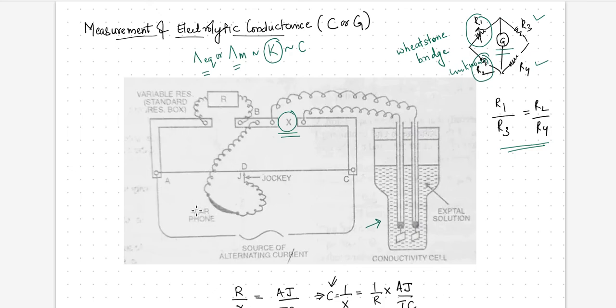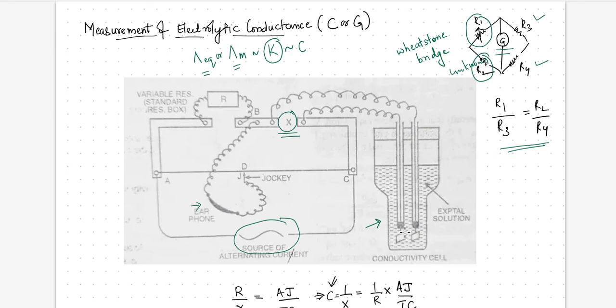But here we replace that galvanometer with an earphone. That is because the current that you use here is alternating current. Usually in a galvanometer experiment you use DC current, but if you use DC current here, you can expect electrolysis of the electrolyte solution.